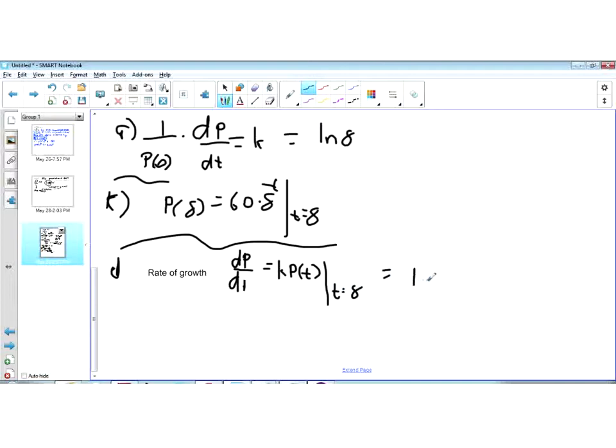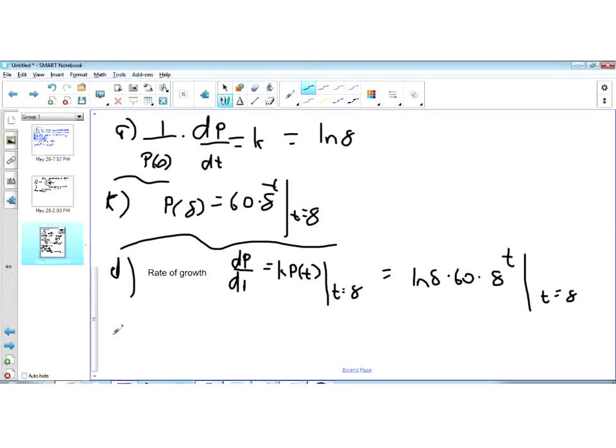That would be the natural log of 8 times 60 times 8 to the t, evaluated at t equals 8. So that's your rate of growth. Clearly, that's an explosive rate of growth that's going to consume the entire population.